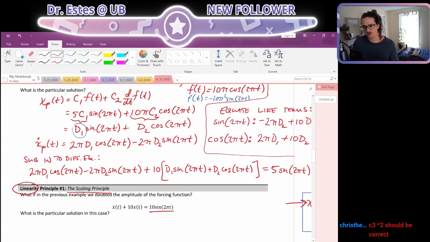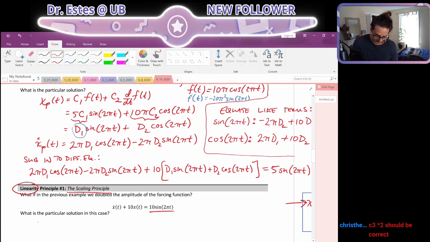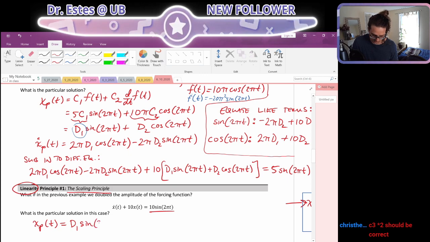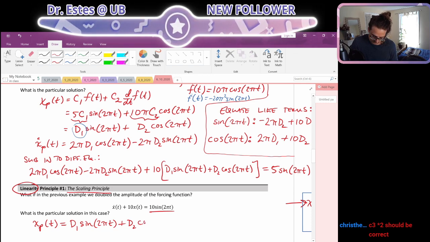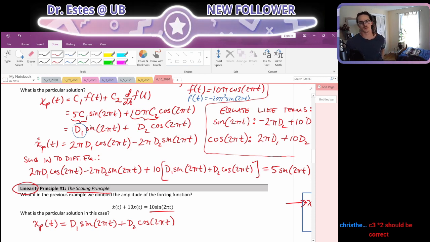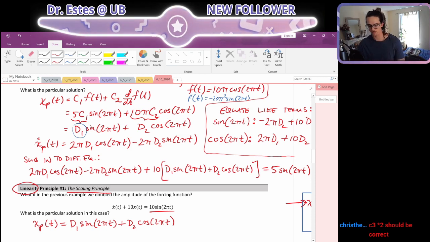So let's solve for the particular solution in this case. I already know that it'll be some coefficient d1 times sine 2 pi t plus some coefficient d2 times cosine 2 pi t. If I went through the previous steps, I would get to the same point.